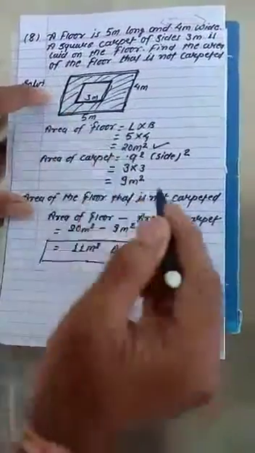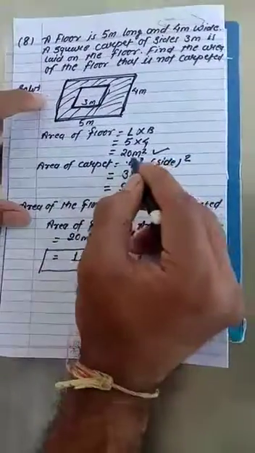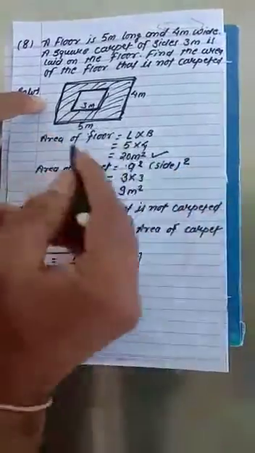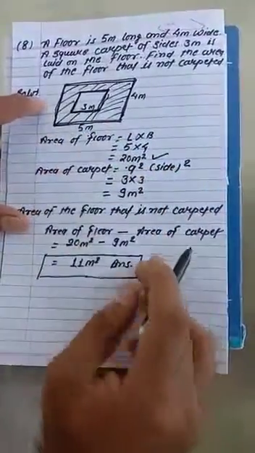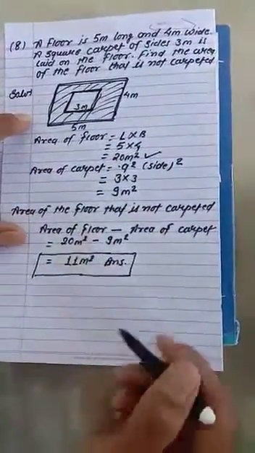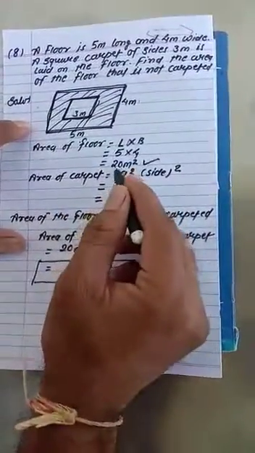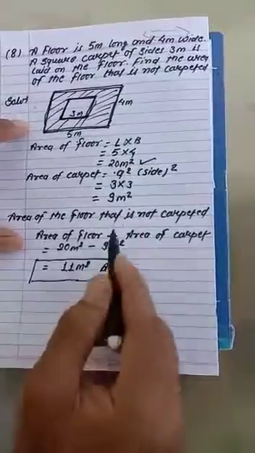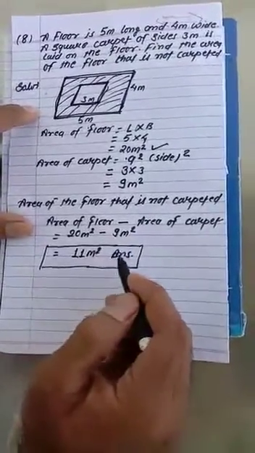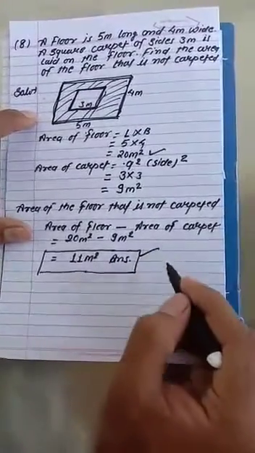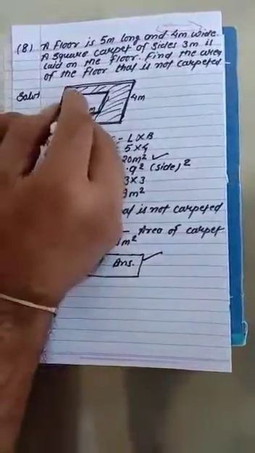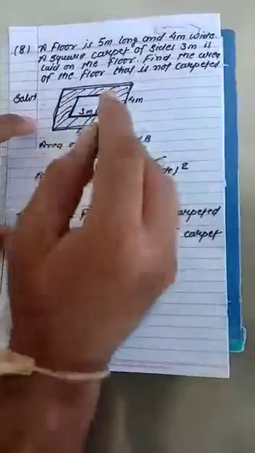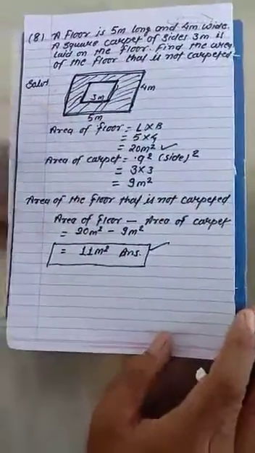So the complete floor is 20 meter square and the carpet is 9 meter square. If we simply subtract 9 meter square from 20 meter square, you will get 11 meter square. This 11 meter square is the area that is not carpeted on the floor. This will be the answer for question number 8.